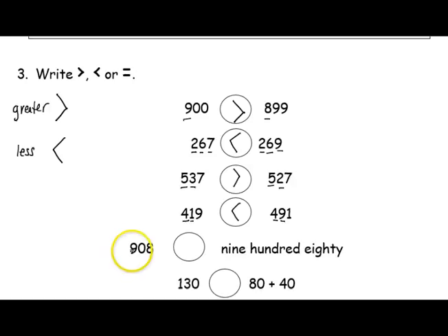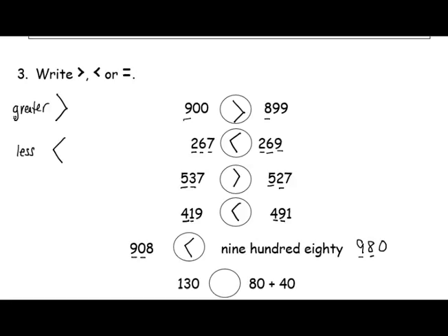Here I have the number 908, and I'm comparing it to the number 980. Well, 980 would look like this in standard form. They both have a 9 in the hundreds place, meaning 9 groups of 100. My first number does not have any tens, but the second number has 8 groups of 10. That means 908 is less than 980.